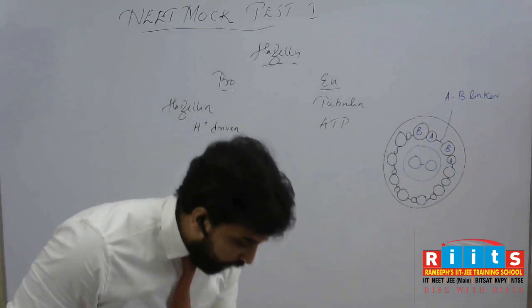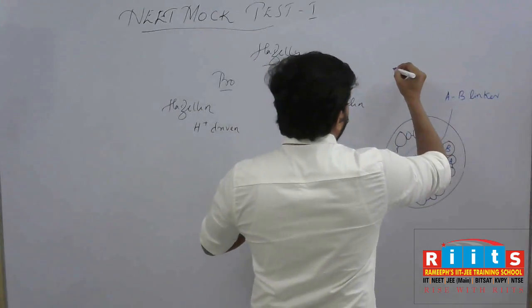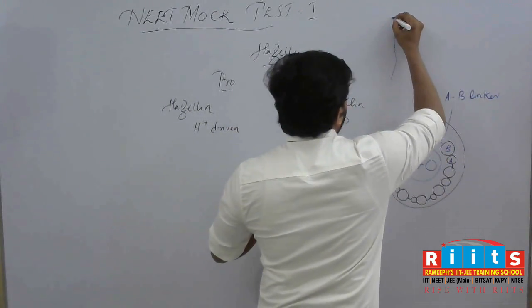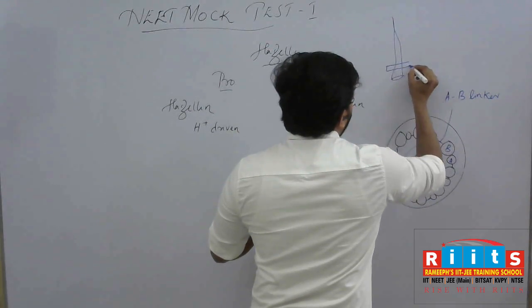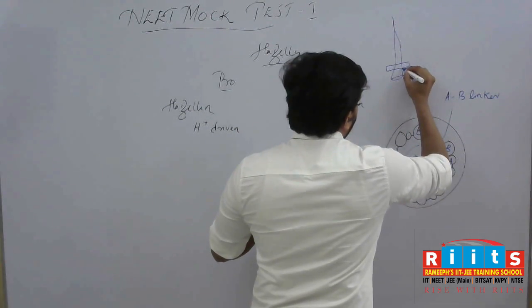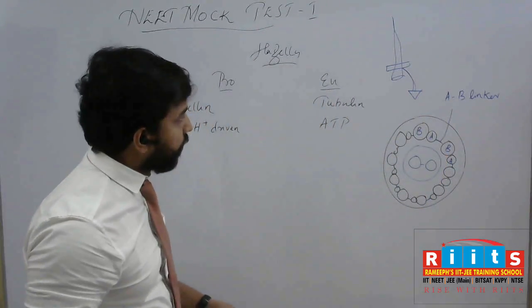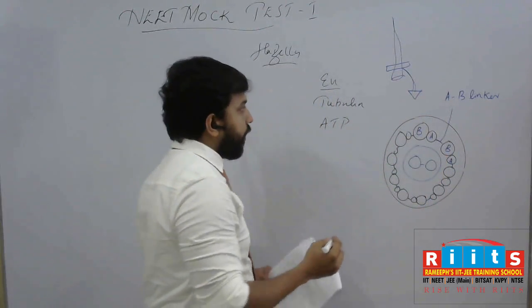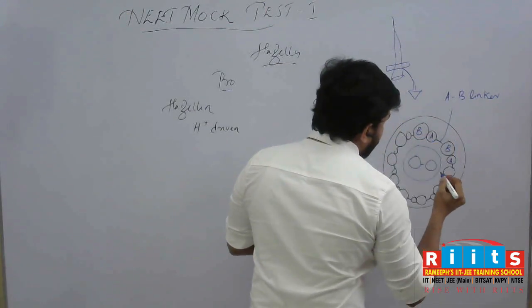This is the structure of flagella. This is a cross section of flagella, and here these are the linker proteins, this is the B subfiber, and this is the A subfiber.